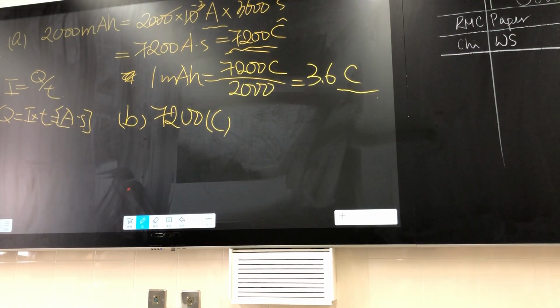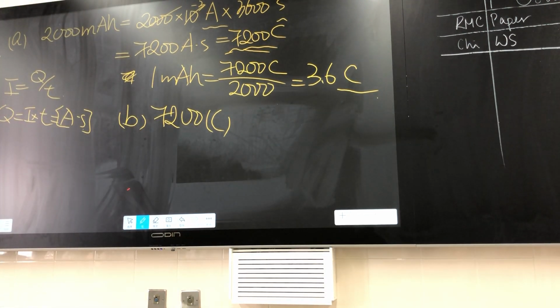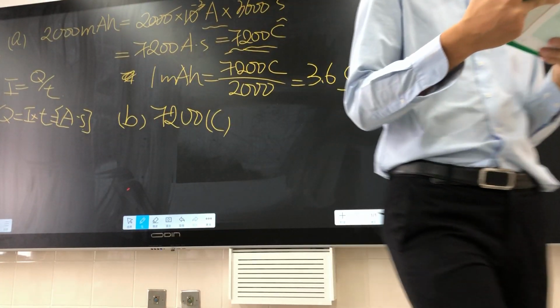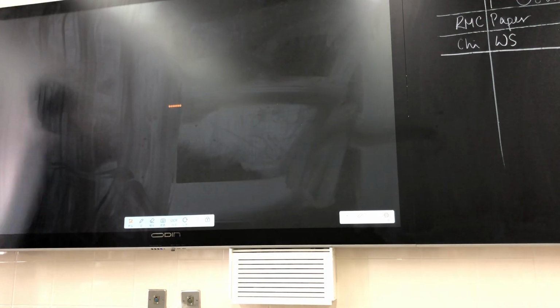Okay, so the calculations about current are very simple. There is only one equation to link the charge with the current, which is I equals to Q over T. And now please turn your book to page 79. Can you see the yellow box?